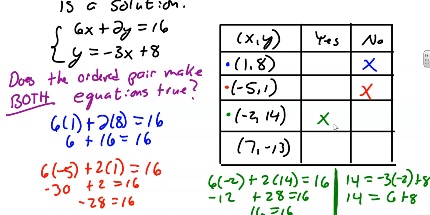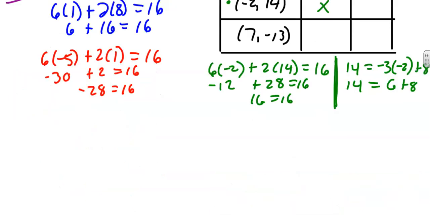Okay, now there's a really good chance, and I'd say it doesn't work all the time because it just depends on the equations and how they set these up. But most of the time there's a good chance that once you get one yes answer, that may be the only one. It just depends on the lines and how the equations are set up. That might be that there's only one. It could possibly be that all four could be yes answers. It just depends on the equations and how they have those equations written and exactly how they're set up.